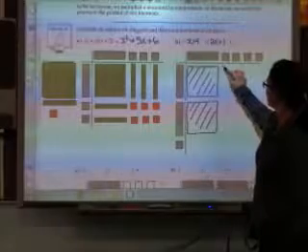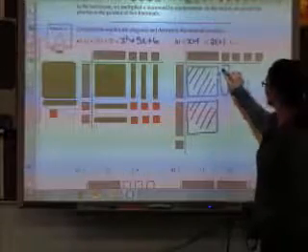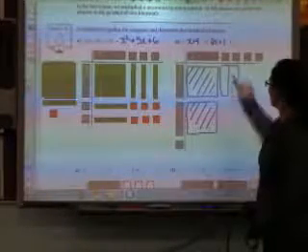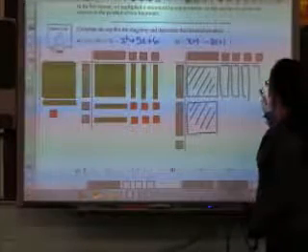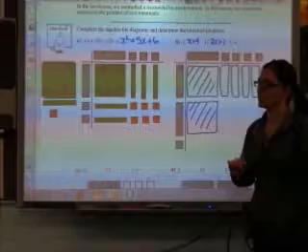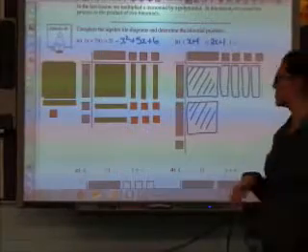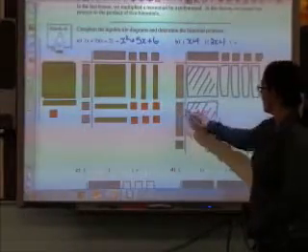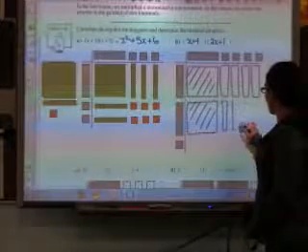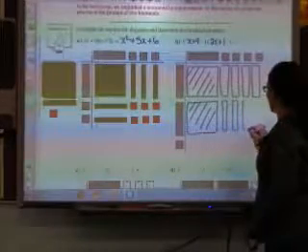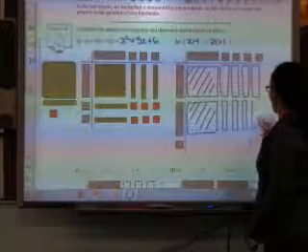A rod and 1 leaves me with a rod. I'm going to get rods all through here. It's important when we're drawing these that we try to make our rods much skinnier than our squares. Then again, I have 4 more rods, and afterwards I'll have to go through and shade all 8 of these because it's a positive and a positive.